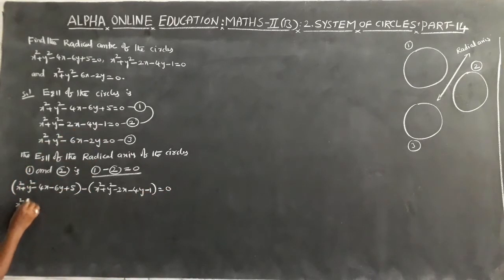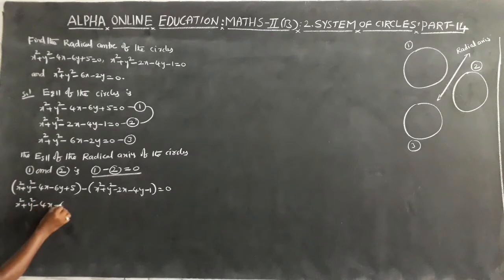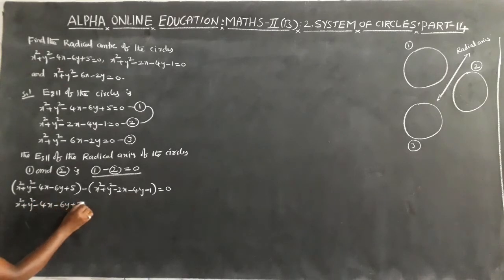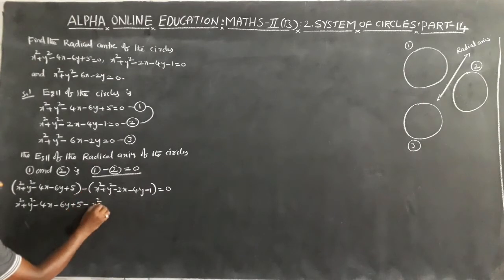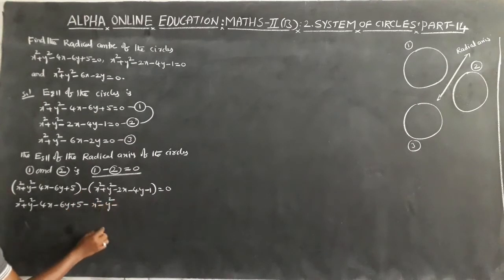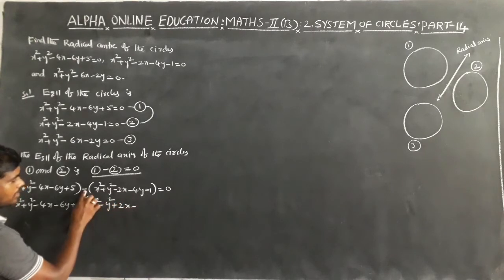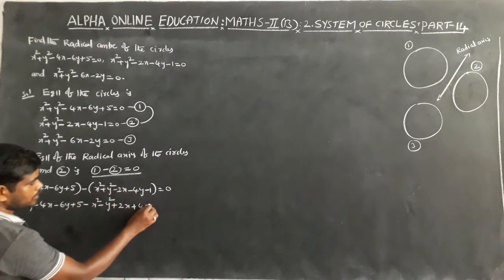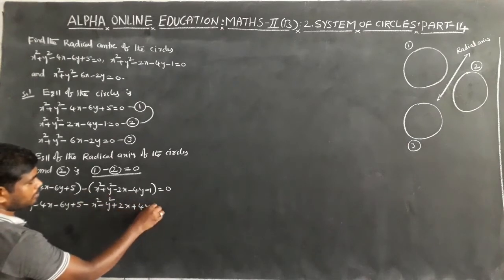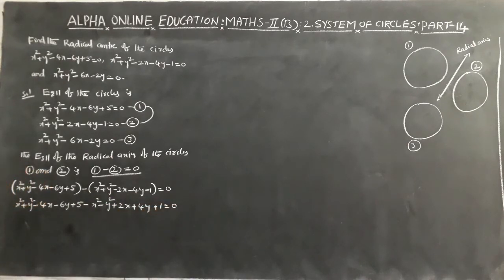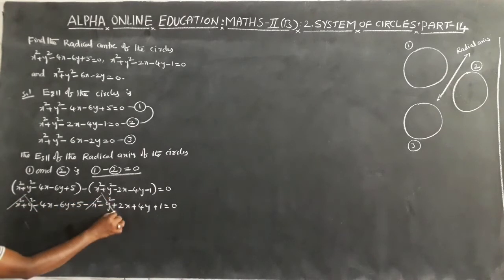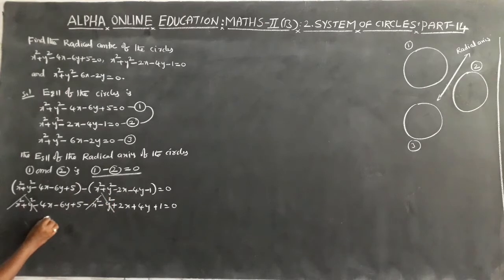x square plus y square minus 4x minus 6y plus 5, multiplied with minus: minus x square minus y square plus 2x plus 4y plus 1 is equal to 0. x square minus x square cancels, y square minus y square cancels.